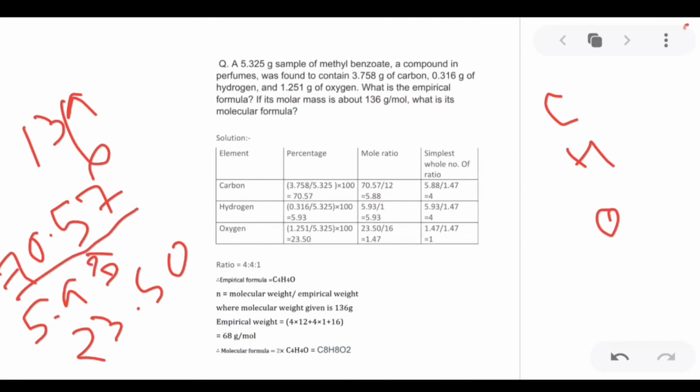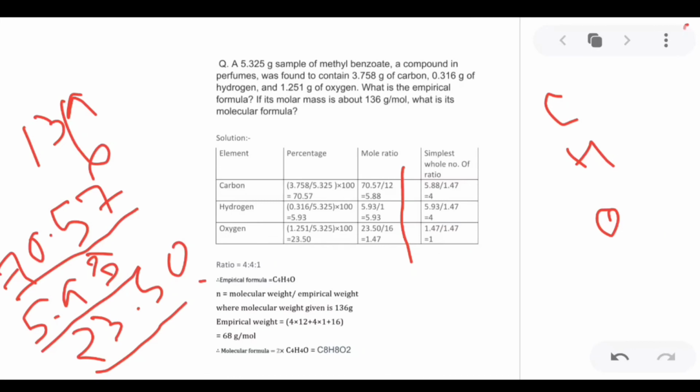Atomic mass of hydrogen is 1, so dividing 5.93 by 1 we'll get 5.93. Atomic mass of oxygen is 16, so dividing 23.50 by 16 we'll get 1.47. In this whole mole ratio we see that 1.47 is the smallest.